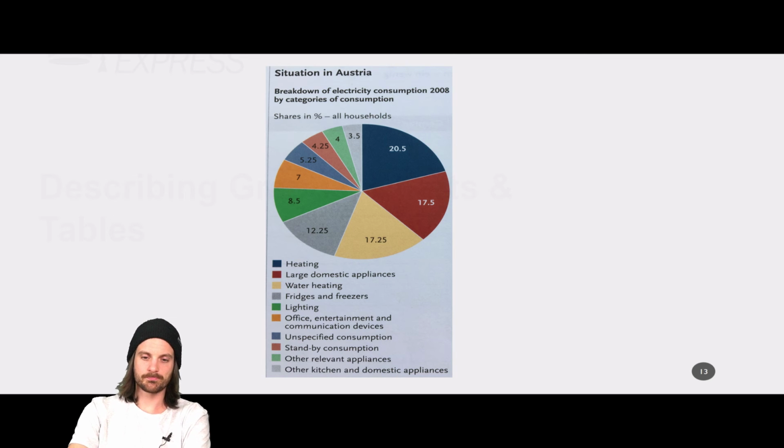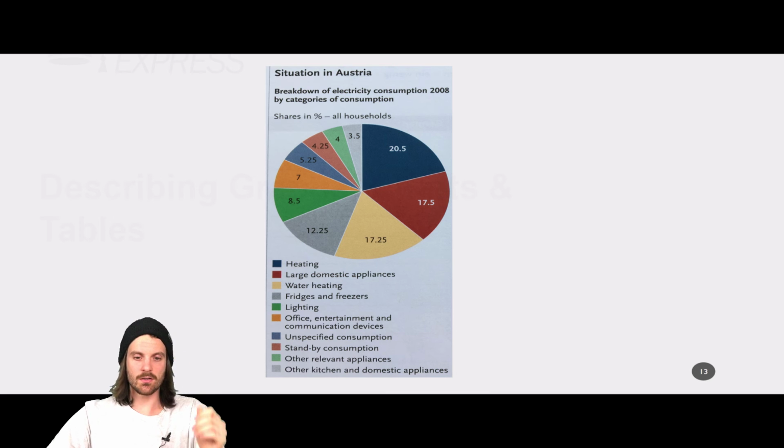So in this case we have already done a few from this pie chart, but if you have a look at this pie chart, you might start off with the biggest share, which is heating here, and compare it to another share, not the second biggest maybe, but another one which might have surprised you or might not have surprised you.